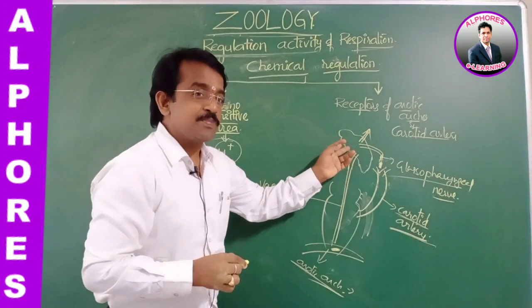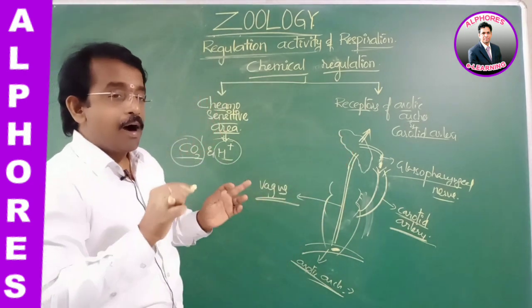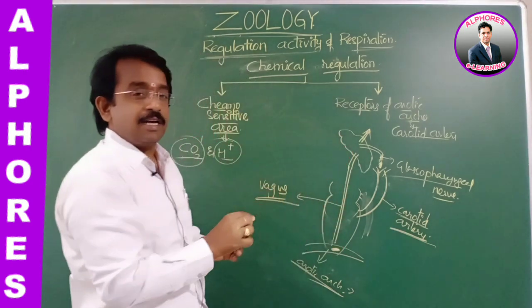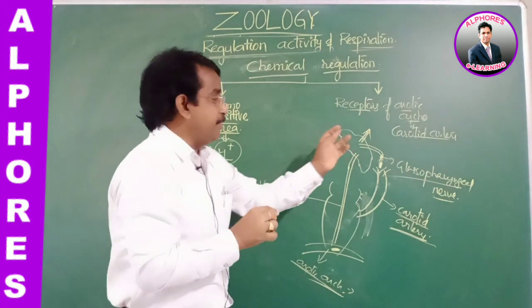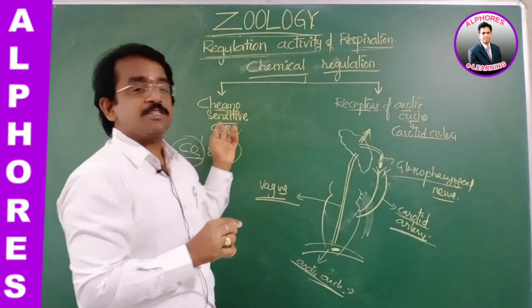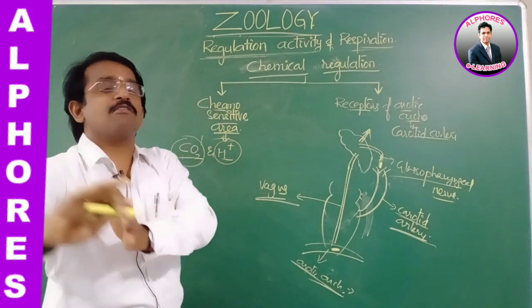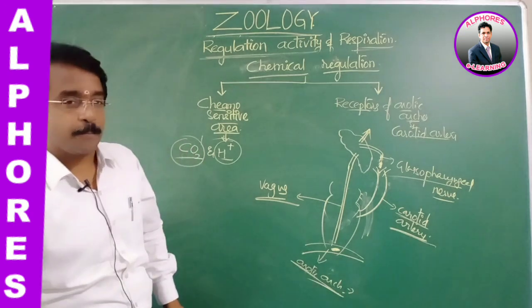Again the respiratory rhythmic center receives the signal via the receptors to the vagus nerve, then to the medulla oblongata, and it gives the necessary signal to the ribs and diaphragm to expel the carbon dioxide to the outside.